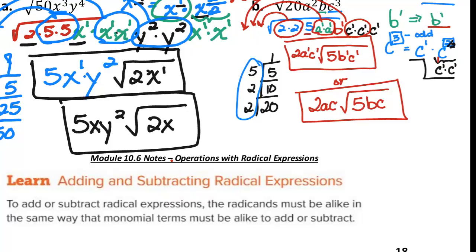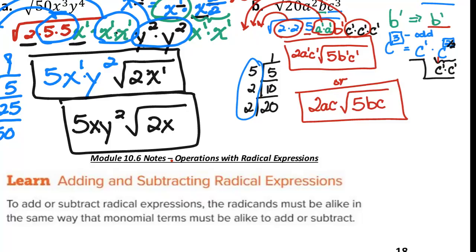So now I have y to the 4th. I'm going to rewrite that by dividing by 2. That's an even number. And y to the 4th divided by 2 is going to be y to the 2nd times y to the 2nd. Because 4 divided by 2 is 2. So over here, times y to the 2nd times y to the 2nd.